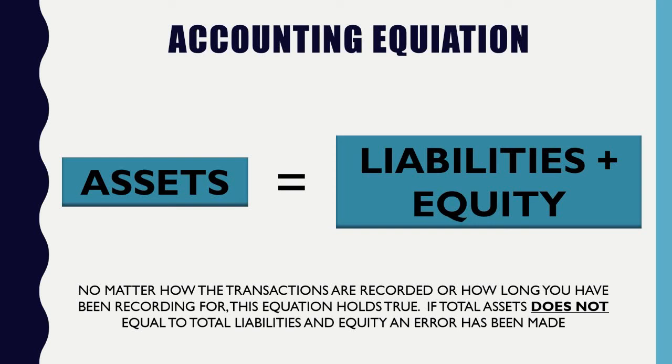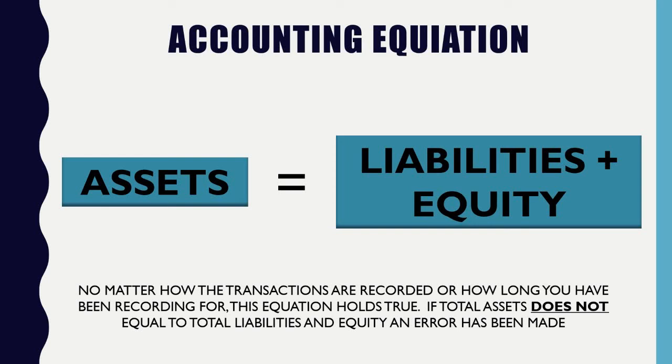If for any reason you have one that's bigger than the other, you did something wrong. Your accounting is wrong because this must hold true. They must equal each other, or in other cases, depending on how you're looking at it, they have to equal zero.